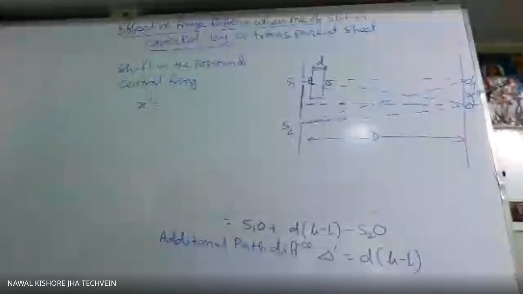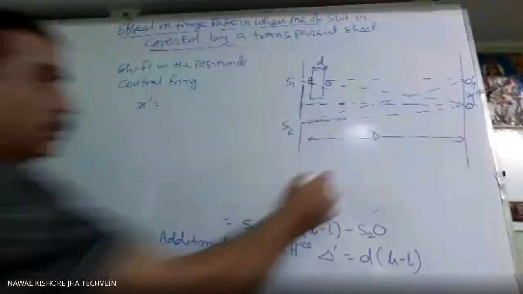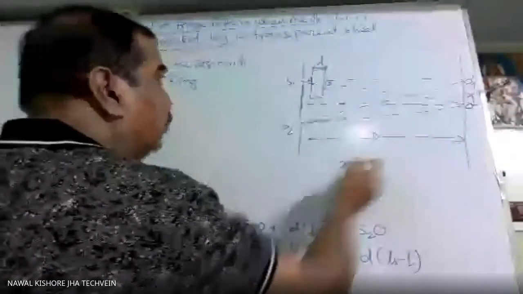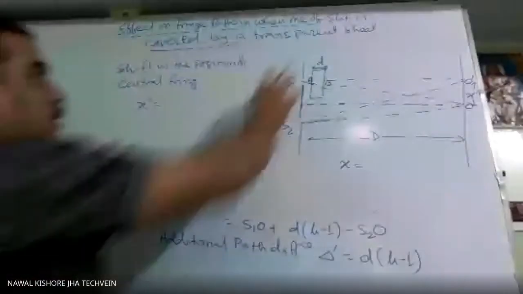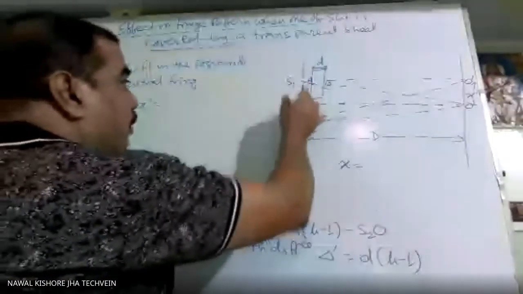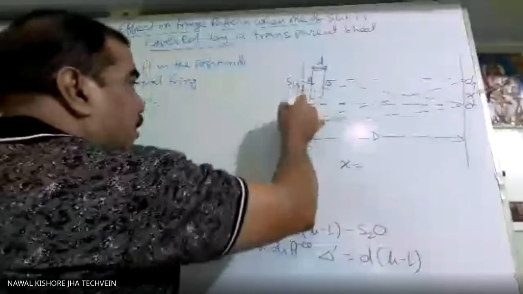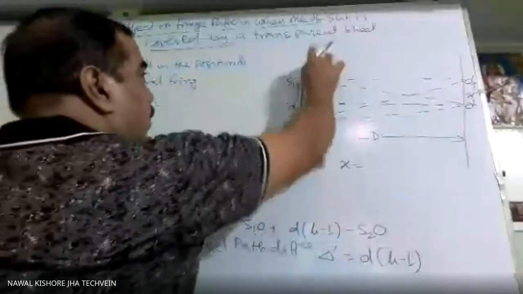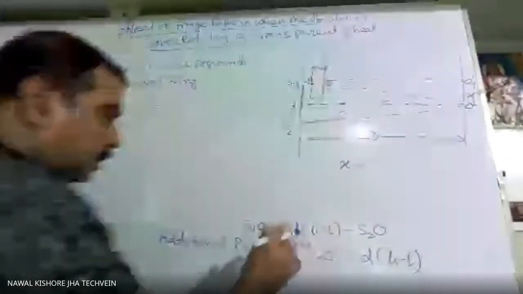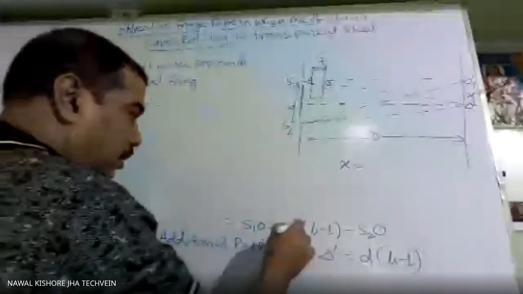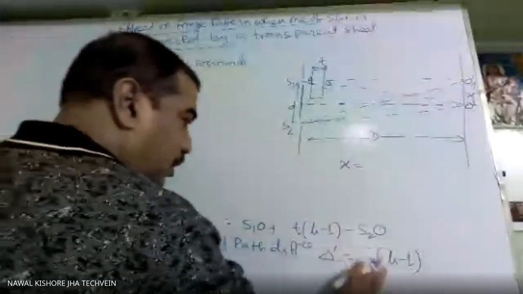This x dash will be... what was the relation between x and delta? We made a mistake here. This d we have taken, no? We will take t only. Make it thickness t everywhere, because d is our symbol for this one.